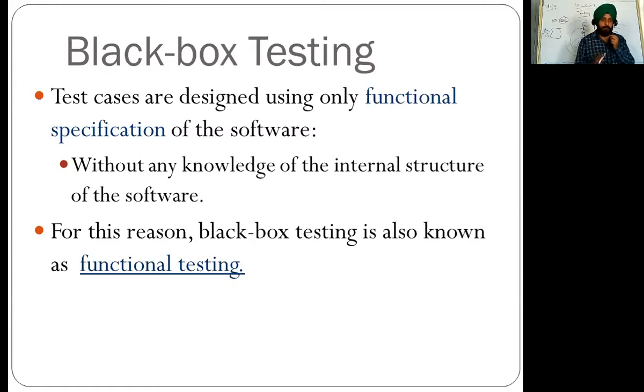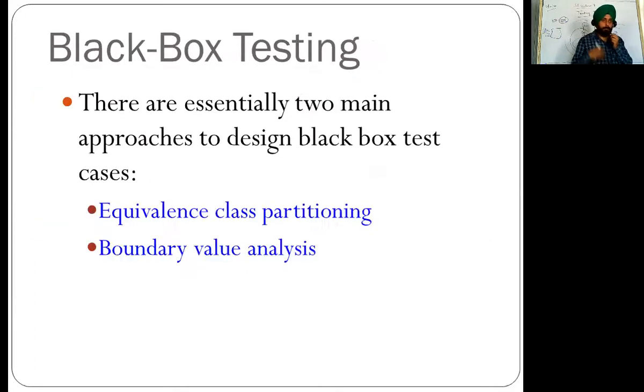What the internal structure of your whole system is, we do not care about this in black box testing. In black box testing, there are two main types of approaches. One is equivalence class partitioning and another is boundary value analysis. We start with equivalence class partitioning first of all.